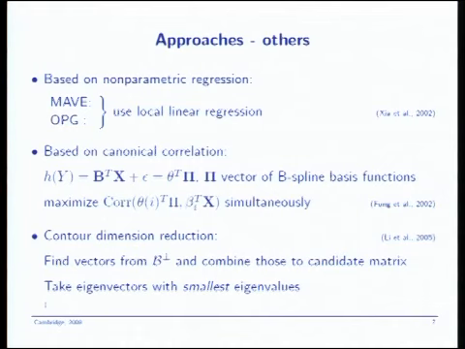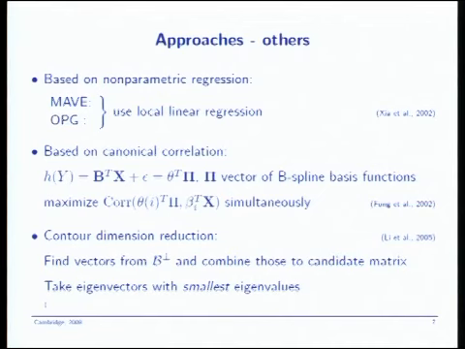minimum average variance estimation. So there are quite a few acronyms in my talk, but they have been invented by all of us. Okay, so another possibility is to maximize the correlation of these terms simultaneously.